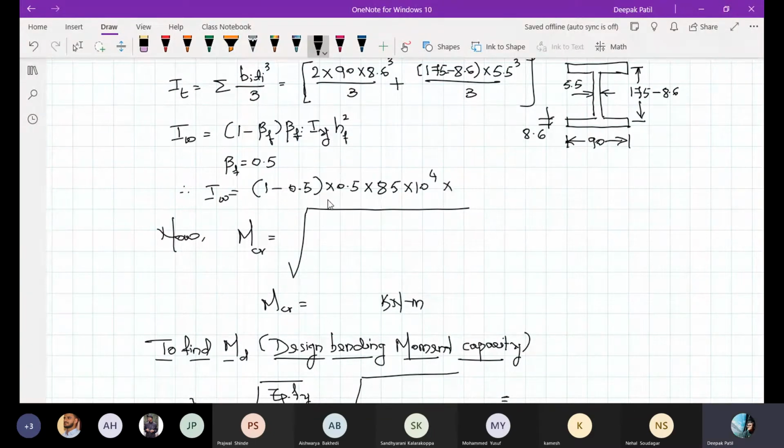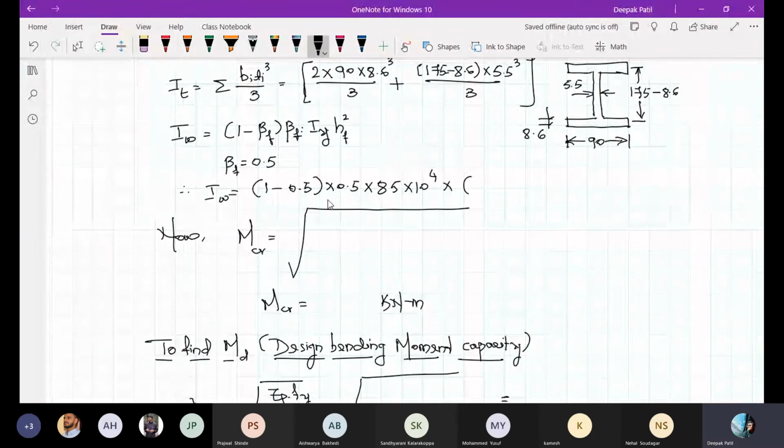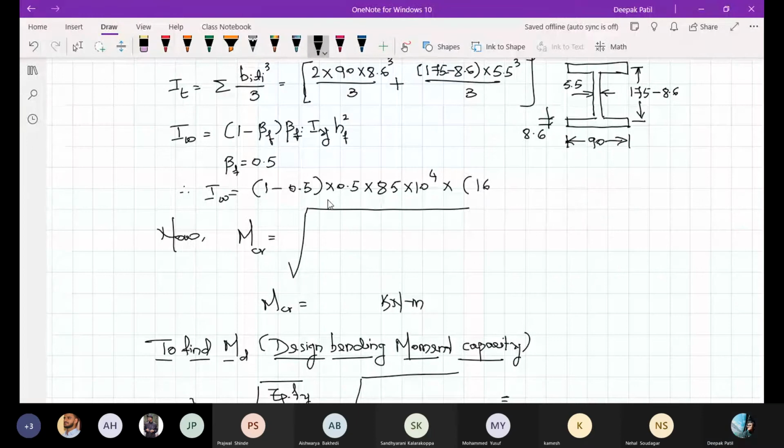And hf will be nothing but 166.4 square, that is hf will be 175 minus 8.6.